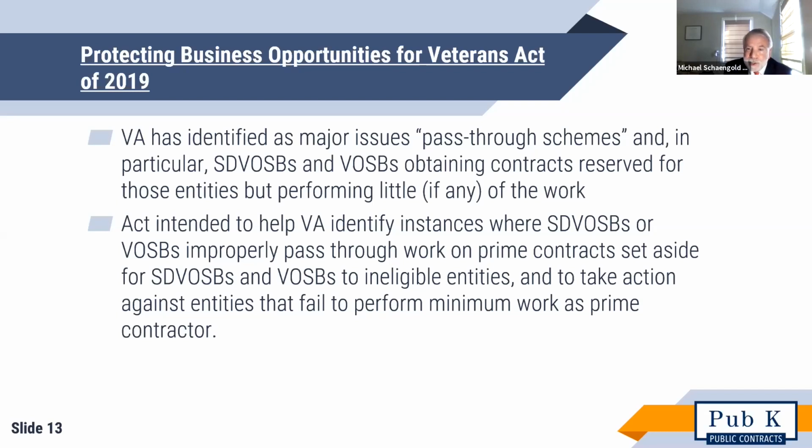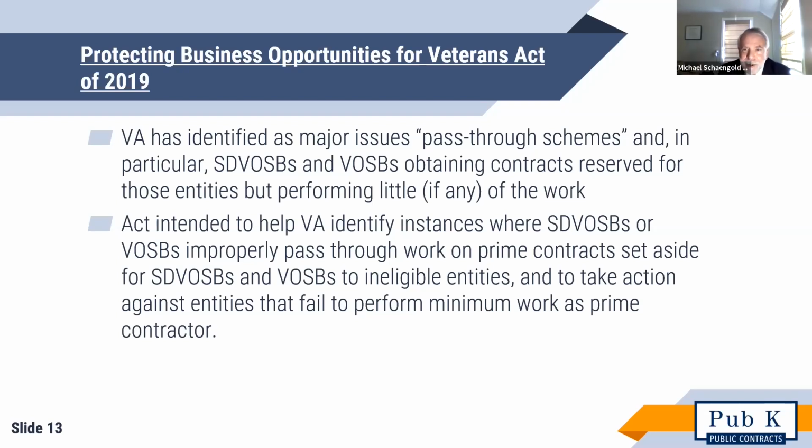Before awarding a contract under Section 8127, which allows VA contracting officers to restrict competition under certain conditions to SDVOSBs and VOSBs, the VA is now required to obtain a certification from the offeror that it will comply with subcontracting limitations if awarded the contract.